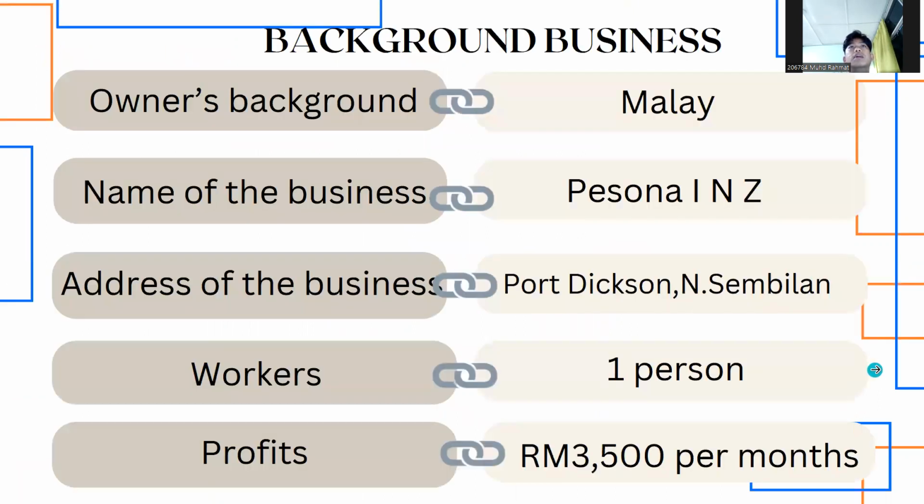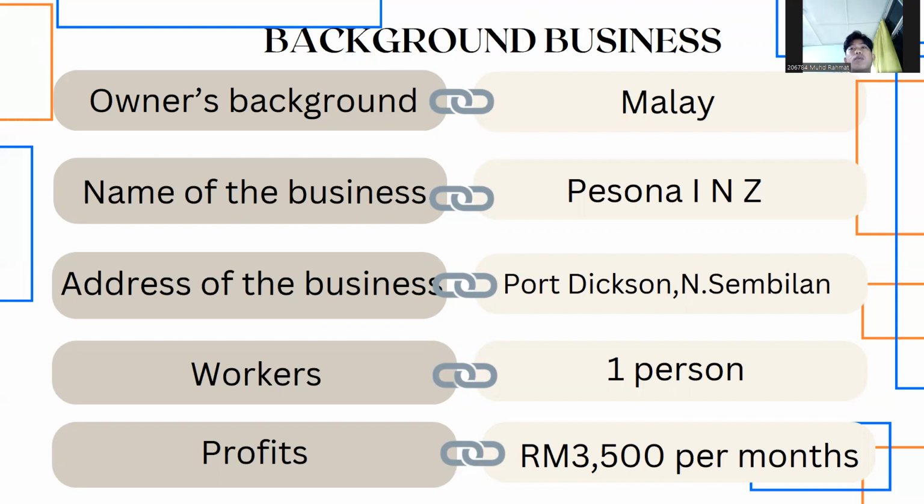Okay, I will explain about the business our group interviewed. The owner is Malaysian, and the name of the business is Persona INZ. The venue of the business is in Port Dickson in Negeri Sembilan, and they have one worker.